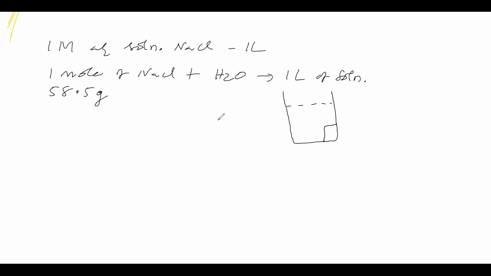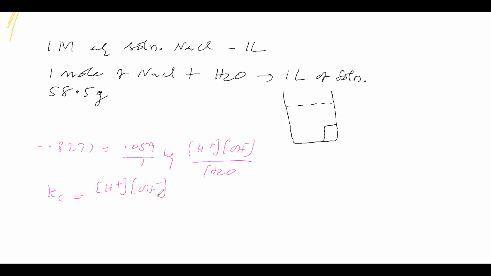Now, minus 0.8277 volt equals 0.059 by 1 log of concentration of H plus into concentration of OH minus by concentration of water. Now Kc is the equilibrium constant, equal to concentration of H plus into concentration of OH minus by concentration of water.